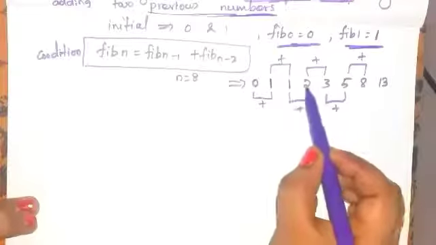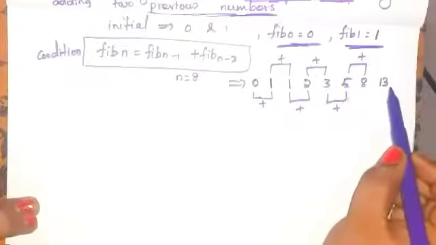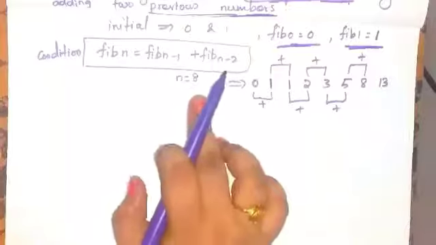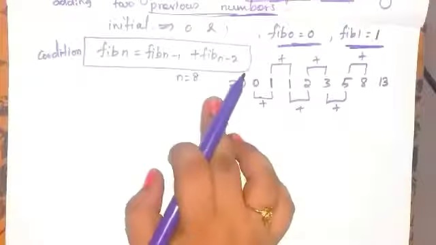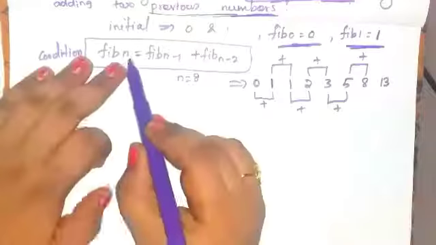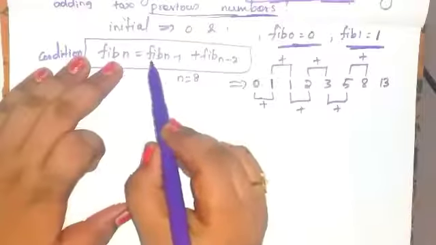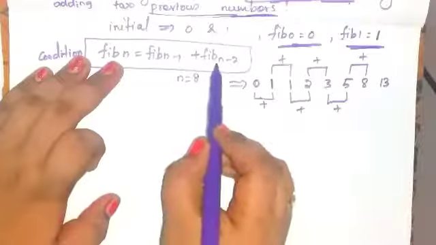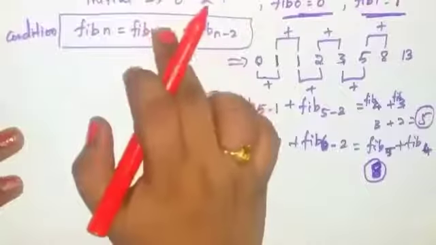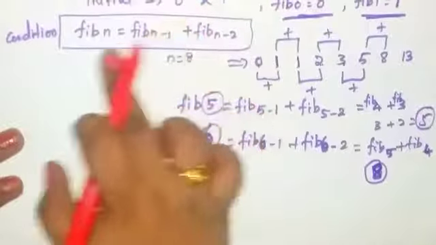1, 2, 3, 4, 5, 6, 7, 8. So if you want to calculate the Fibonacci series for 8 digits, you can write like this. Fib n is equal to Fib n minus 1 plus Fib n minus 2. This Fibonacci series is generated by using this condition.